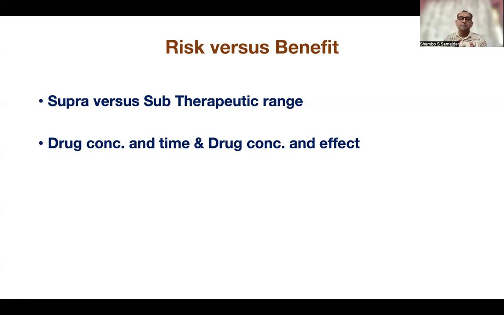And applying that knowledge, we should understand how our treatment regimen can be provided in the therapeutic range. It should not go above, that is the supratherapeutic range, or below, that is the subtherapeutic range.